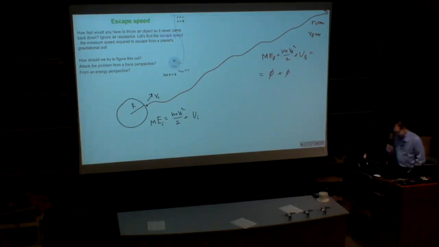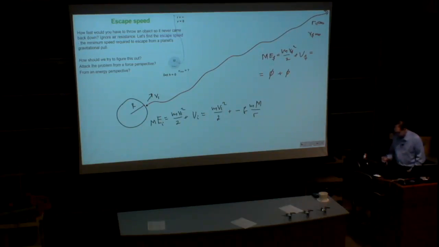This statement needs an expression for potential energy. So we have to write it down explicitly. It's negative universal constant, the product of the masses over the distance from the satellite to the center of the planet.